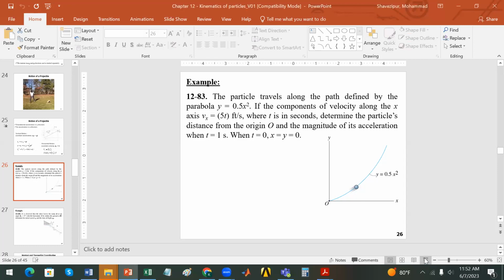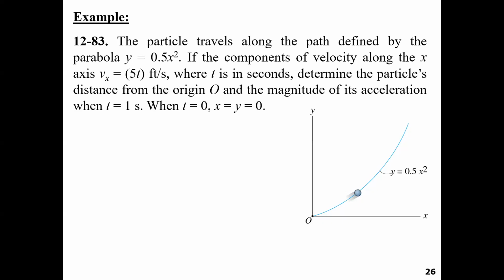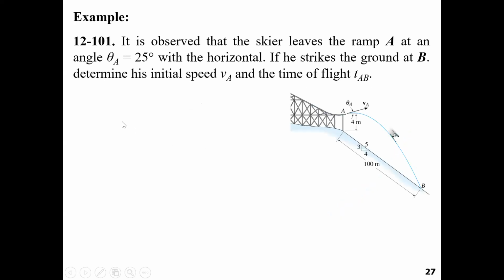The next problem is about projectile. You have a skier. This is like Winter Olympics, ski jump. The guy or the girl, doesn't matter. The person, the particle jumps from here, right? With an initial velocity of VA and initial angle of theta A compared to the horizontal line.